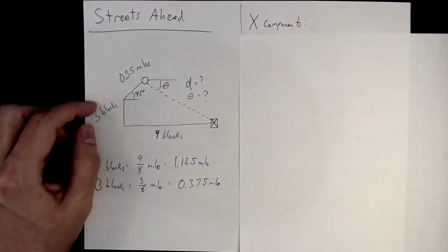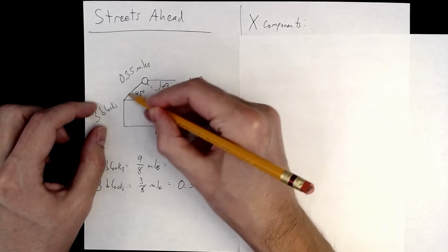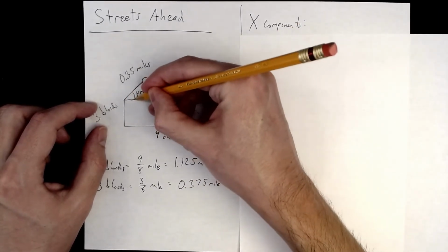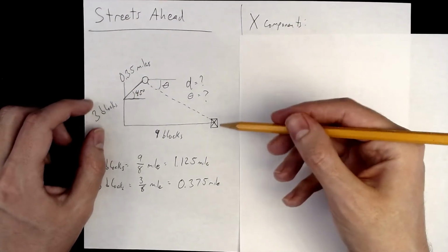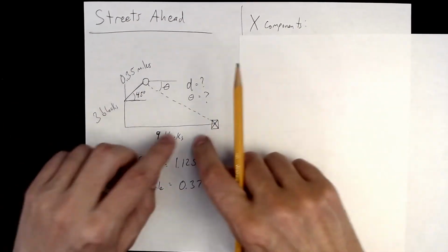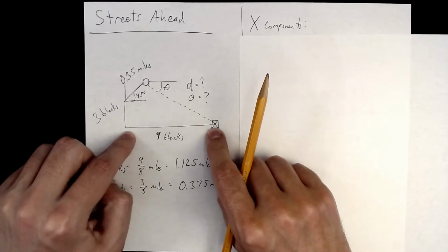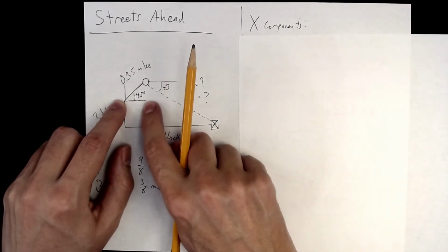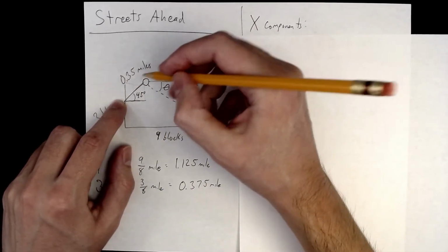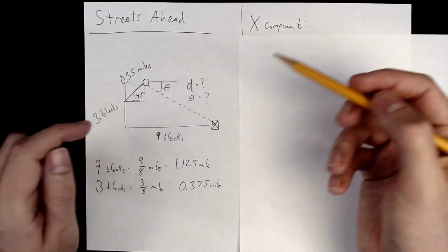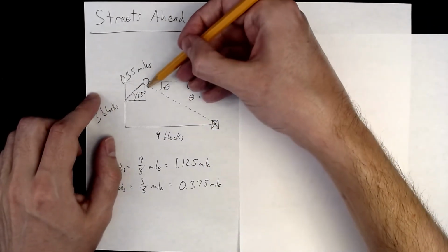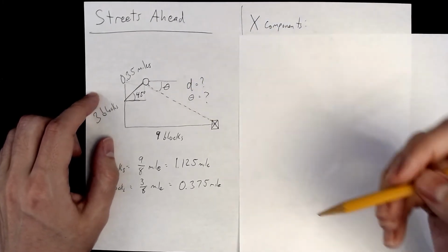I'd have some amount of this vector going this way, and some amount going this way. So if I take this amount negatively and add this amount there, because that's how much x this vector has, that's going to give me the x component of this vector.